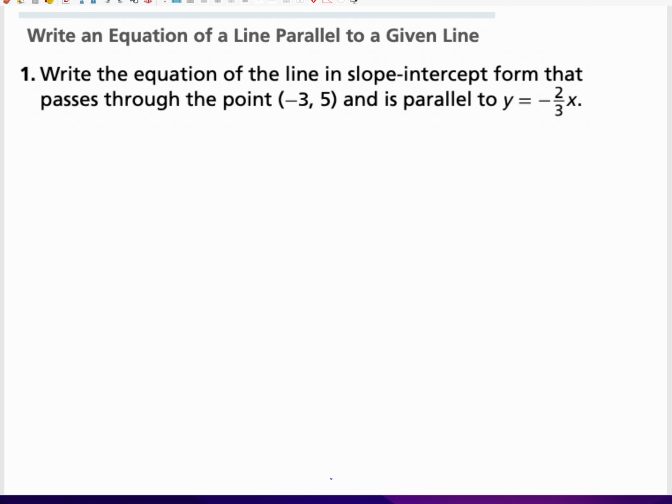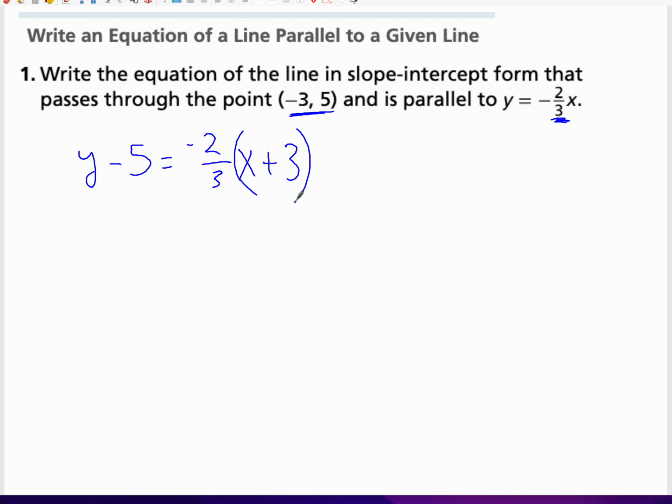Write the equation of the line in slope-intercept form for the line that passes through the point negative 3, 5 and is parallel to y equals negative 2/3 x plus 3. Same process. We know the slope. We know a point. So let's use point-slope form. y minus 5 equals negative 2/3 times x plus 3.